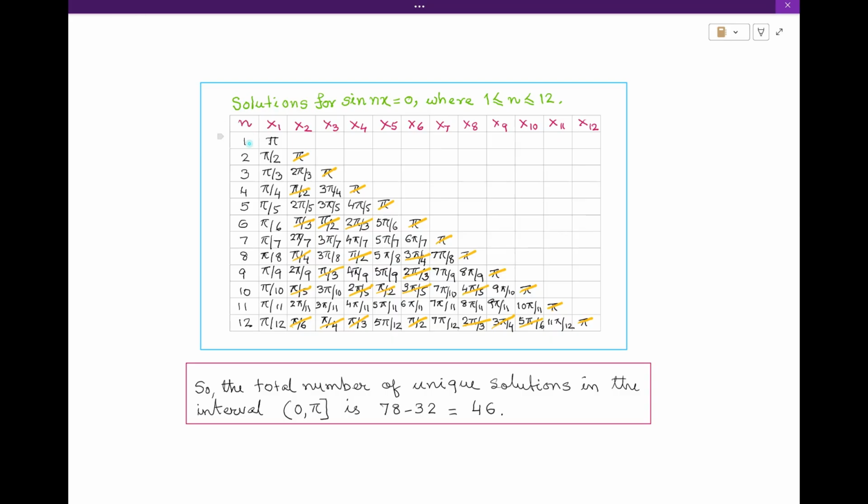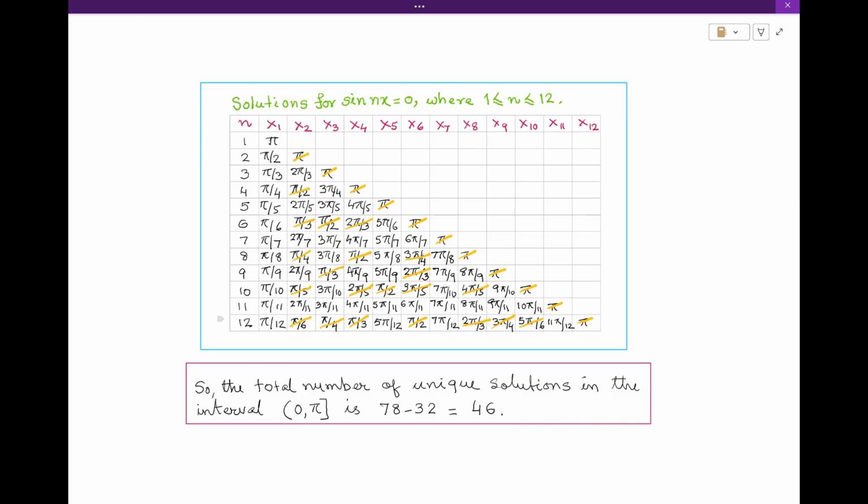So for n is equal to 1, there is one solution, that is pi. For n is equal to 2, there are two solutions, pi by 2 and pi. Like this, it will go on until for n is equal to 12, there are 12 solutions, pi by 12, 2 pi by 12, 3 pi by 12, etc. up to pi. Check that all the solutions we have found out earlier are written down here.